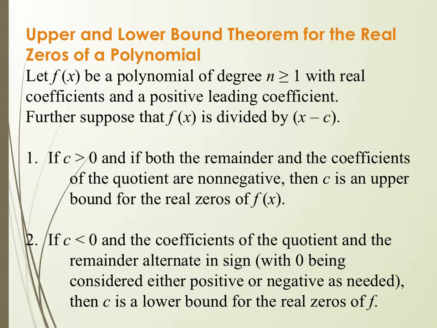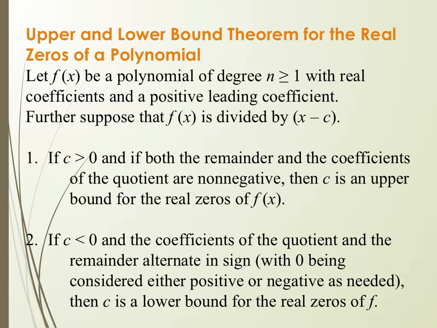So the upper and lower bound theorem for the real zeros of a polynomial is, let f of x be a polynomial of degree n greater than or equal to 1 with real coefficients and a positive leading coefficient. Further, suppose that f of x is divided by x minus c.